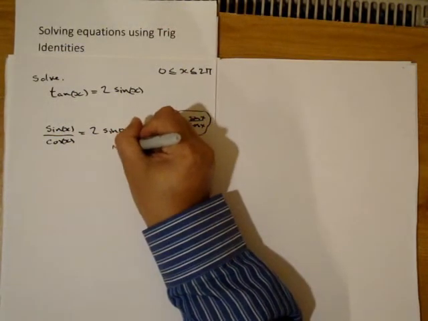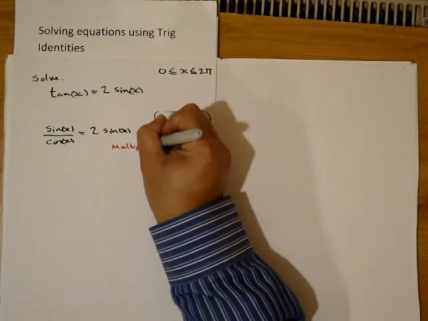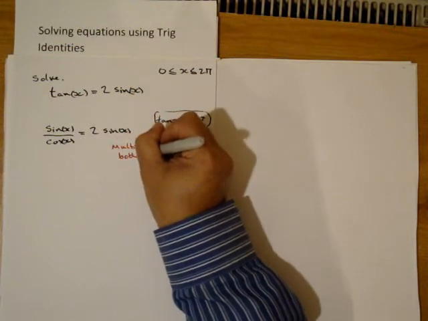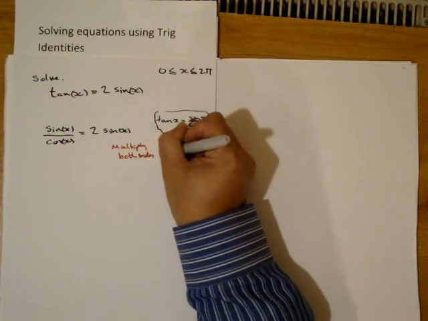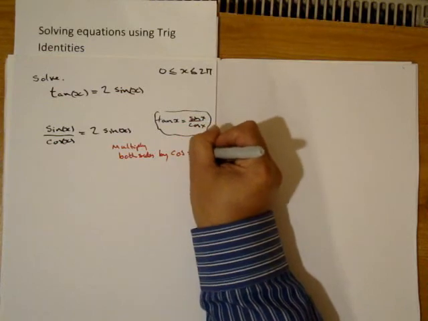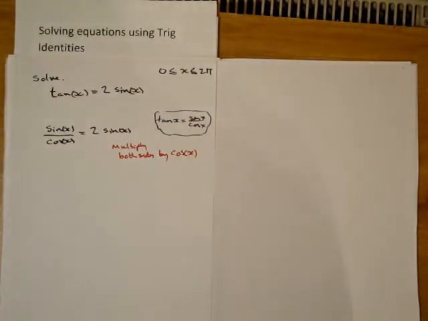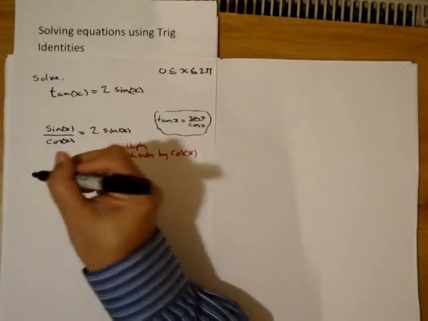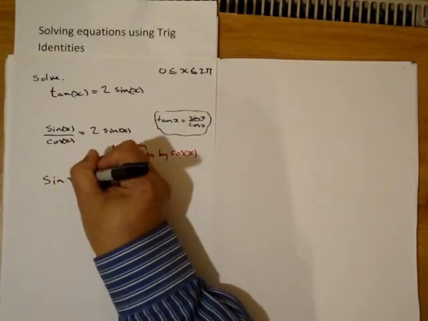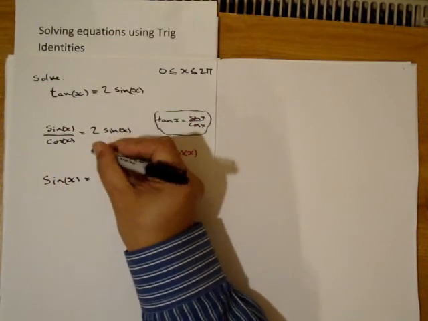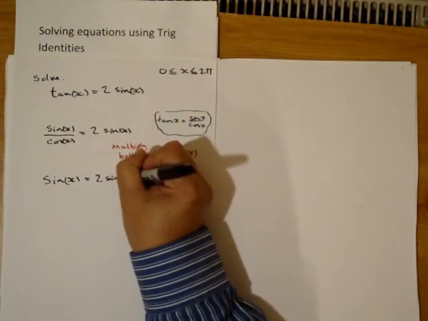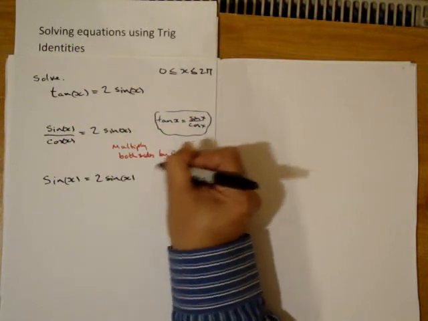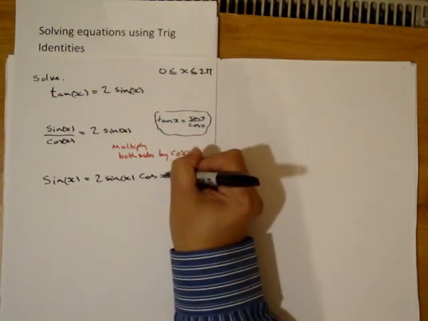Now what can we do? We can multiply both sides by cos x. So when we do that, on this side the cos x's cancel out, and we're just left with sin x, and on this side we're left with 2 sin x and then the cos x that we multiplied by.